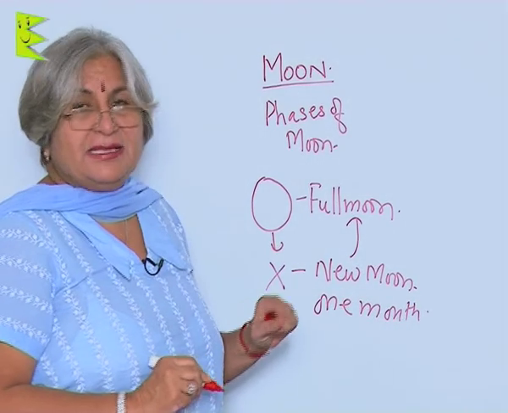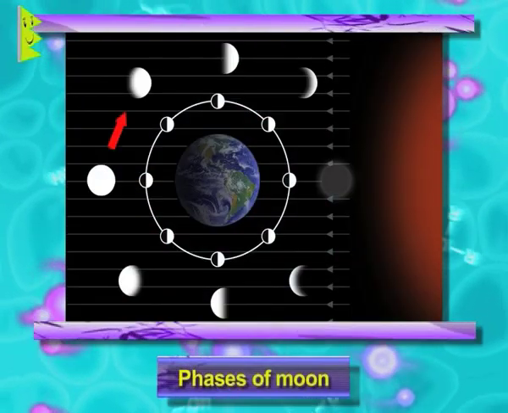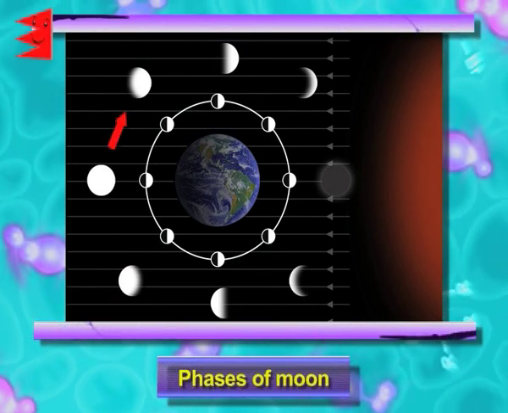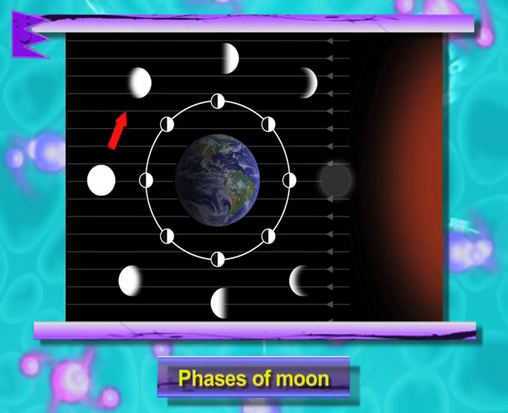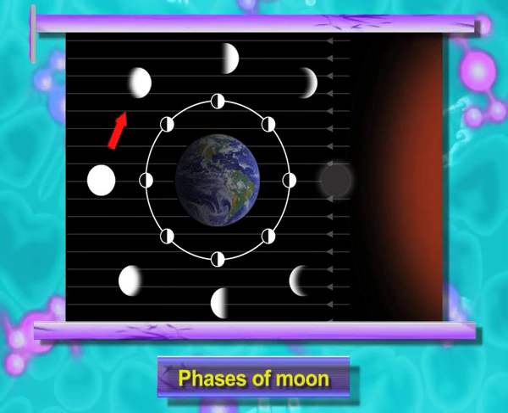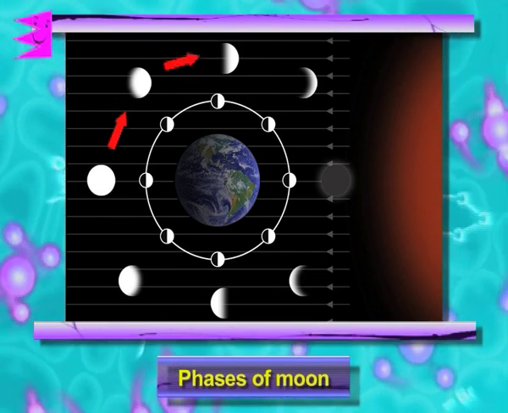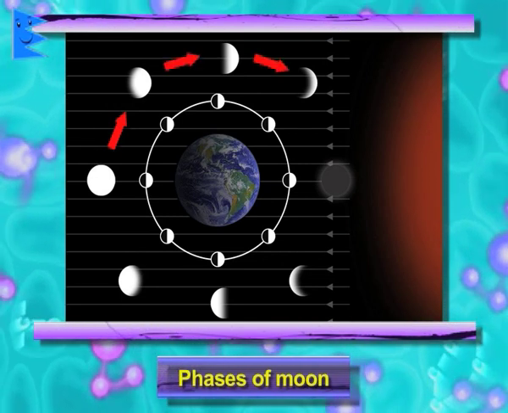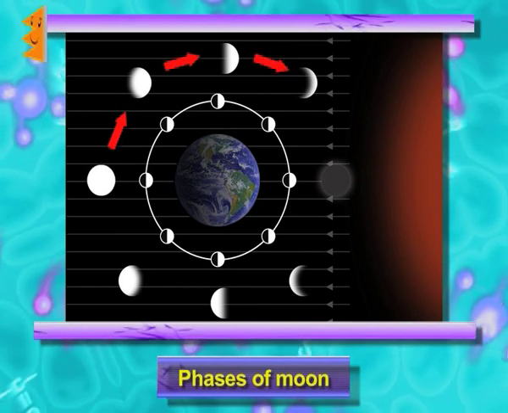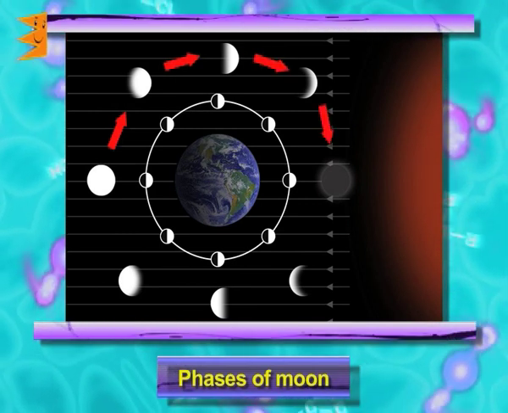So, what happens is after full moon, the size of the moon starts reducing, and it can be somewhat like this. Initially, just a little part is not there, and then more is not there, and slowly it comes to the crescent shape, and finally there is no moon.